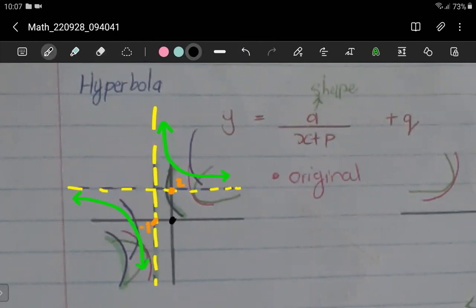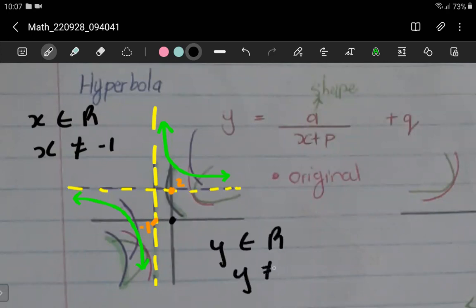So the domain here will just say x is an element of R. However, x cannot be -1. And then for y, it's y is an element of R, but y cannot be positive 2.